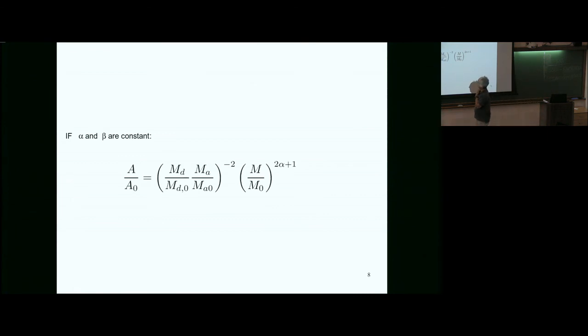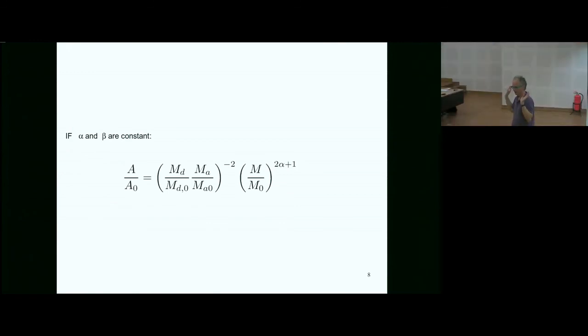In the conservative mass transfer, total mass was constant. So this would be unity. We don't care about alpha. So then we have A times M1 squared, M2 squared being constant, which is consistent. So this is not completely out of the blue.